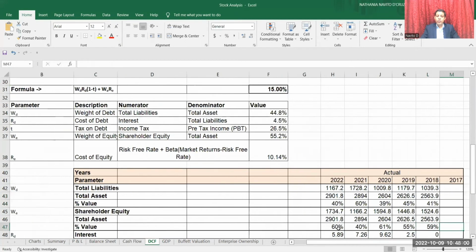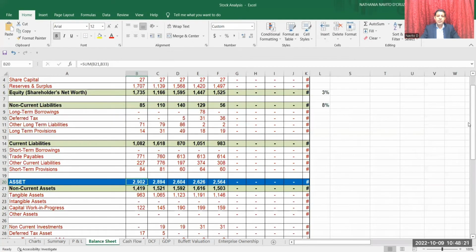So to calculate the weight of equity, we take the shareholders' equity and divide it by the total assets. Total assets we have already calculated in the previous table, that is in WD. So we take that value in total assets and we look into the shareholders' equity, which is in the F6 row of the balance sheet. So we go to the balance sheet. F6 is the shareholders' net worth. So this is the row.